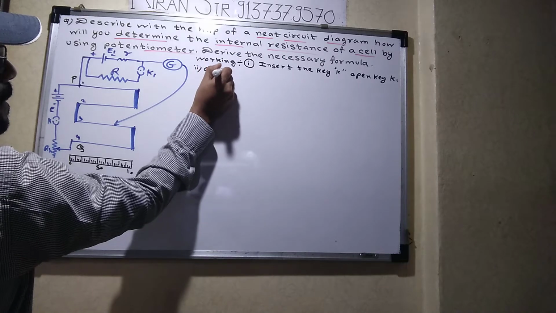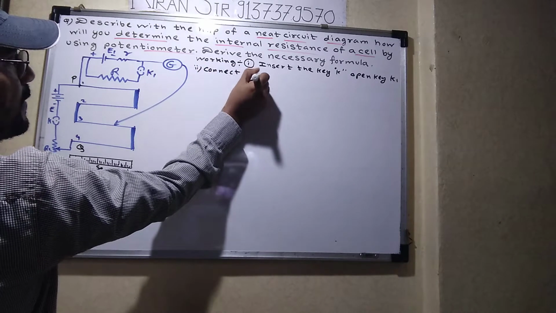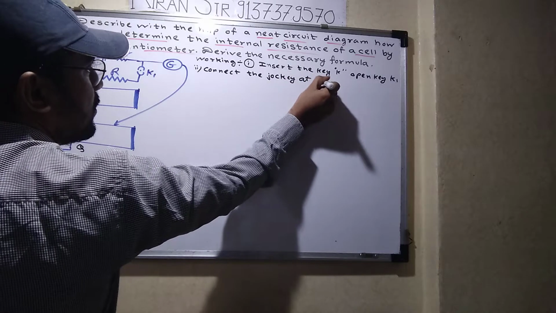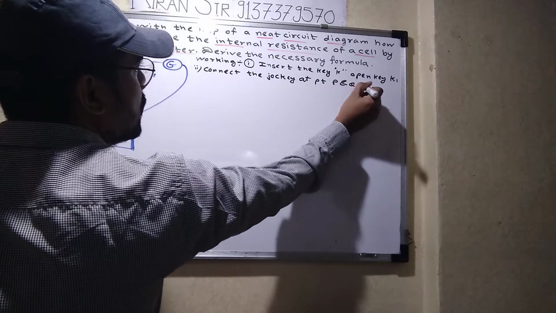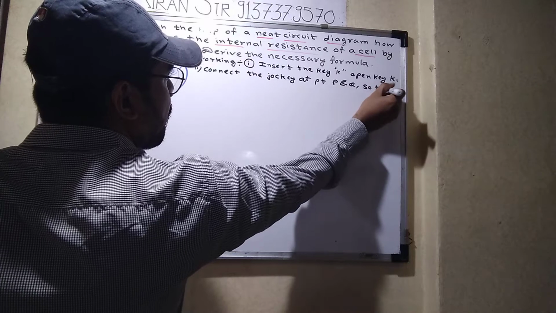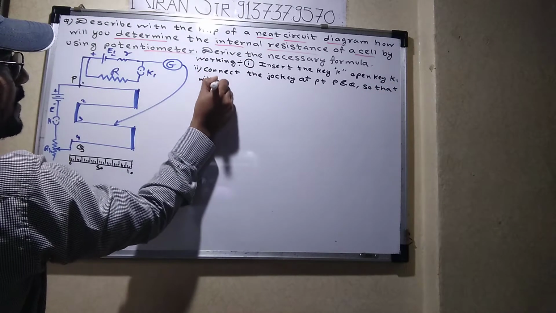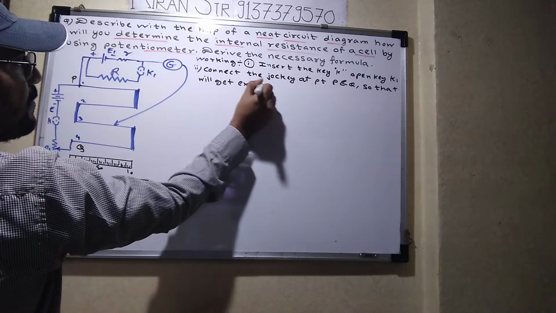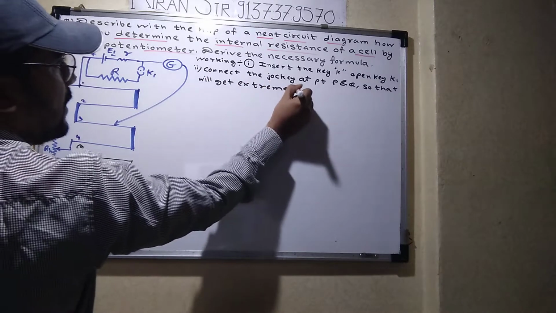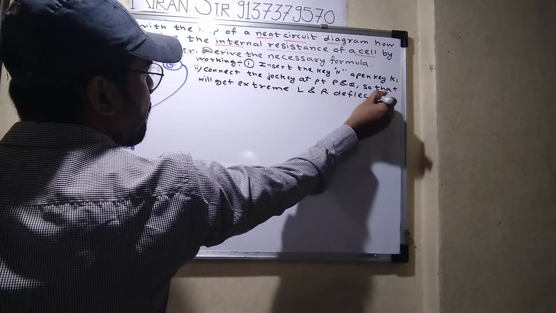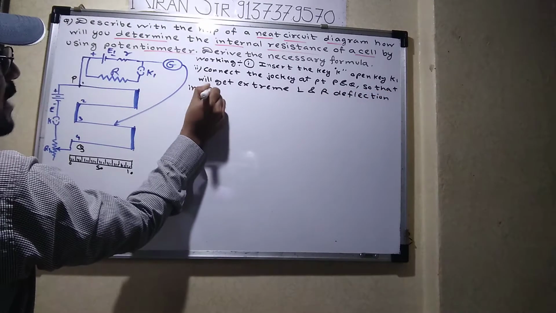connect the jockey at points P and Q so that we will get extreme left and right deflection in the galvanometer.